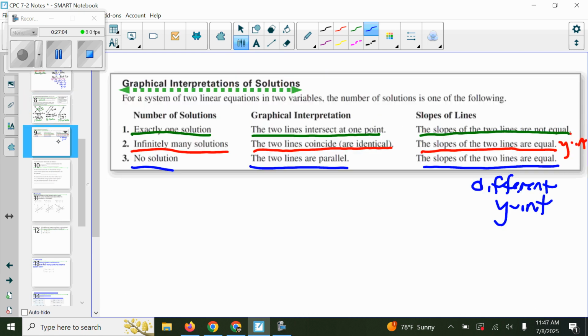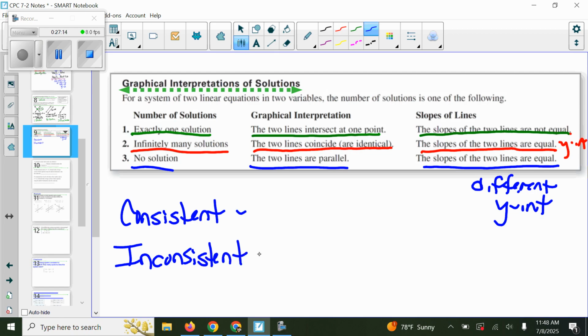One word is consistent, and the other word is inconsistent, just so you know the difference between those 2 words and what they mean in this context. A consistent system just means it's a system that has a solution. A solution exists, either a singular point, an ordered pair, or infinitely many, because remember 2 lines can only either share 1 point or every point. There's nothing in between. It's one or the other.